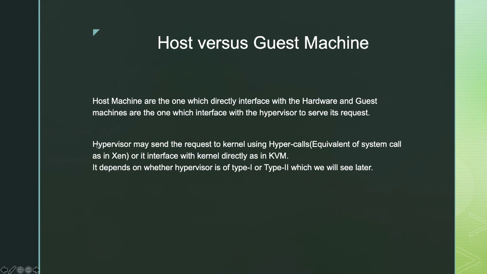How does a hypervisor work? It depends upon the type of hypervisor and also the different vendors of the hypervisor. Some of the vendors are KVM, Xen, Citrix, VMware, Oracle's VirtualBox. Usually, in the case of Xen, which is again an open source hypervisor, it uses hypercalls, similar to the system calls you have for connecting to the kernel.